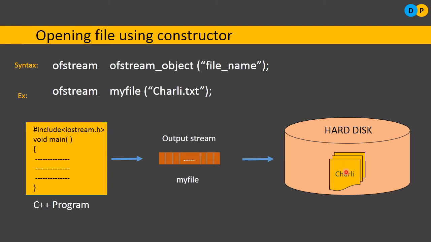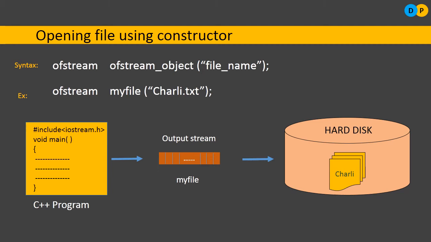If I want to store any information in the file Charlie, I can do it only with the help of the myfile object. The myfile object will send a sequence of bytes one after another into the file Charlie. So this is the syntax of opening a file using a constructor. First we start with the stream name, followed by an object for that particular stream, and within parentheses we go with the file name. All this happened at the time of writing contents.